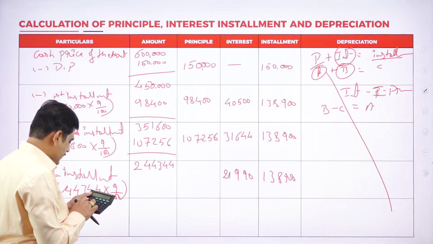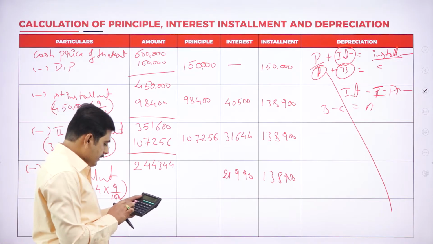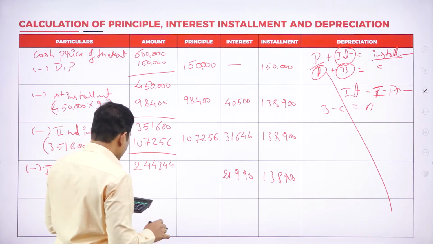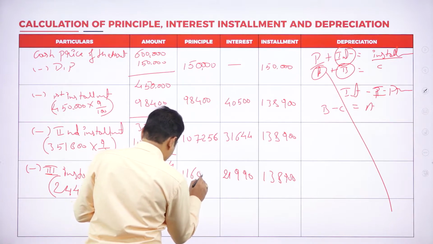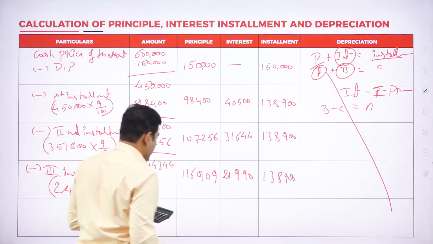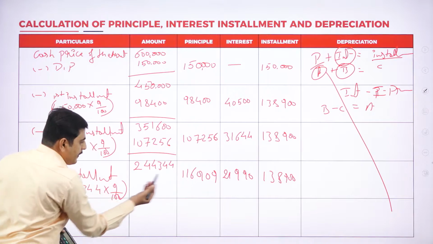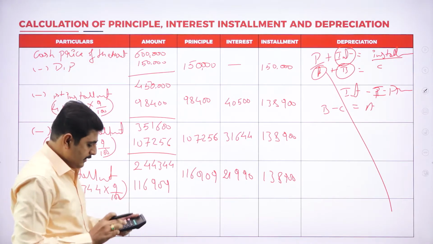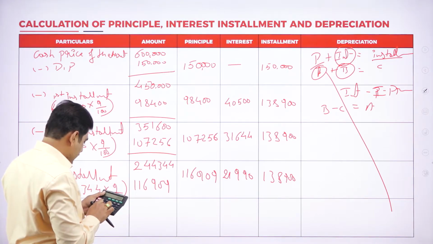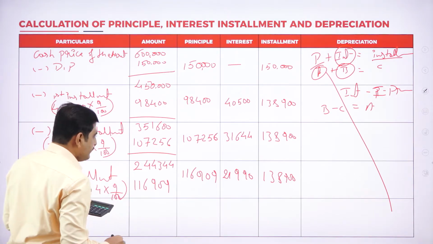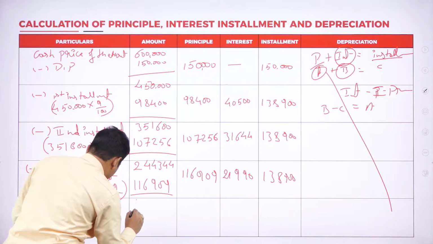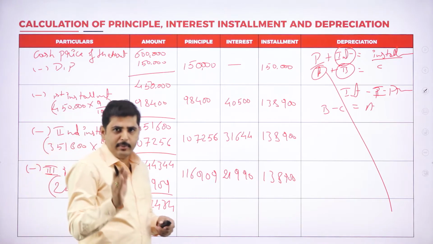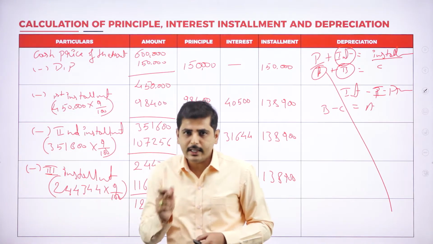Let's deduct this interest from 1,38,900. So I'll get 1,16,910 rupees as principal. Again deduct this principal from the total principal 2,44,344. So we'll get 1,27,434. Please bear in your mind, my dear students, for the last year don't calculate the interest.